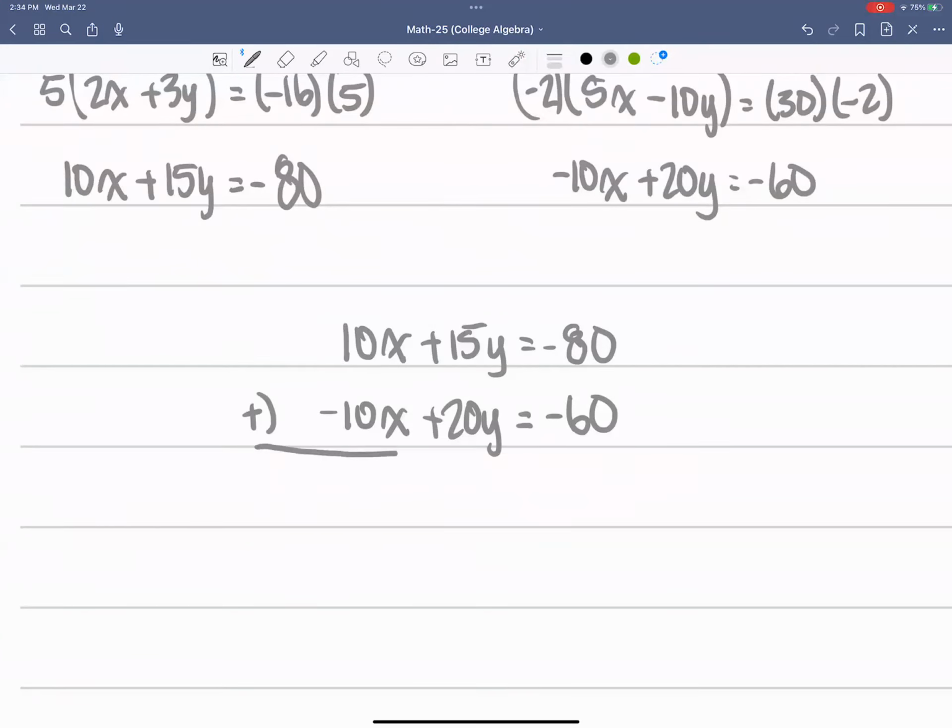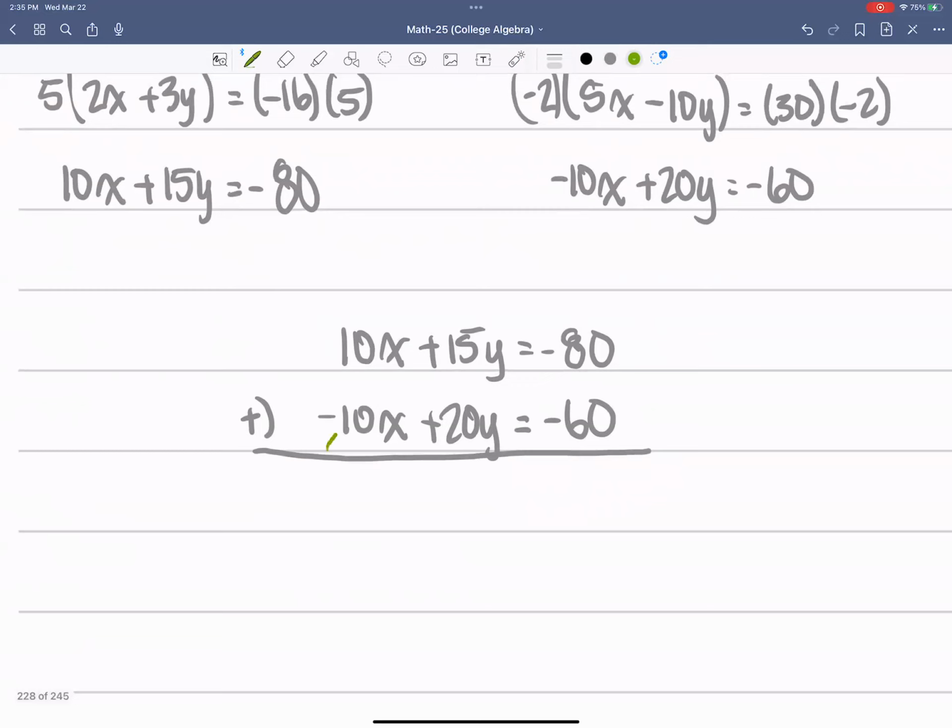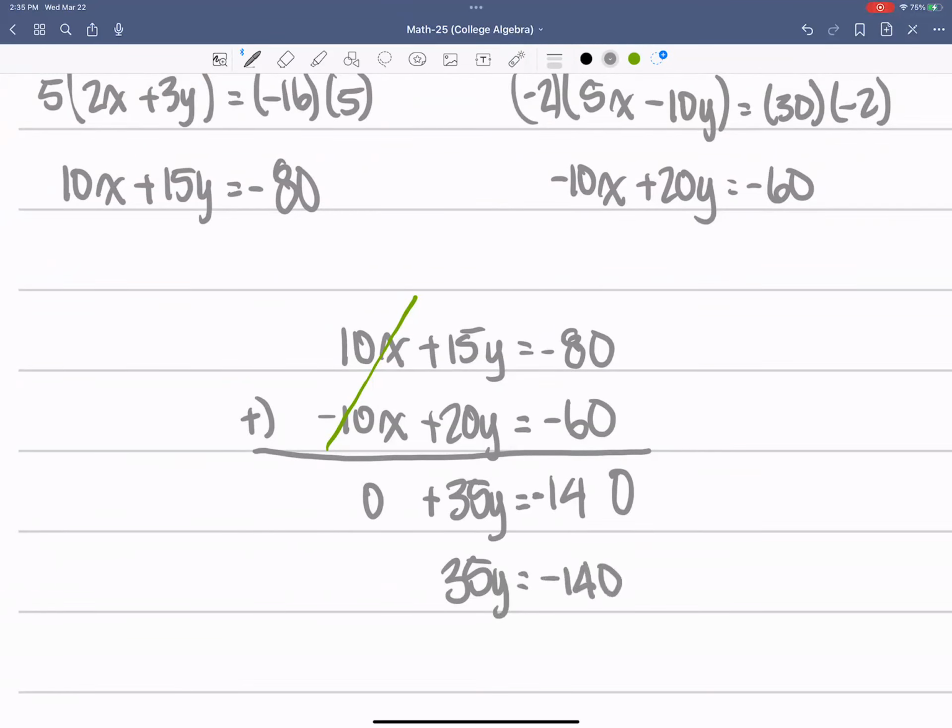Adding those two equations together, let's see what we end up with. Positive 10, negative 10 is 0, plus 15 plus 20 is going to be 35y. And that's equal to negative 140. So we have 35y is equal to negative 140.